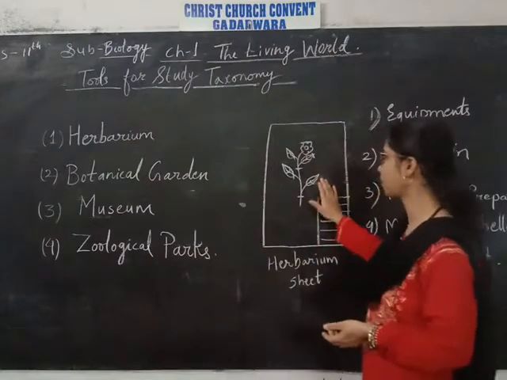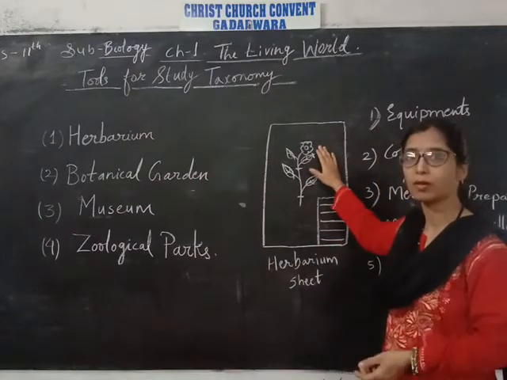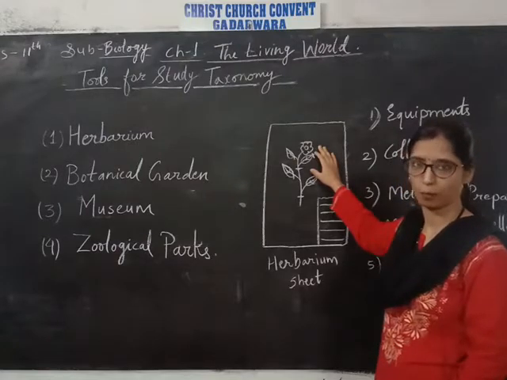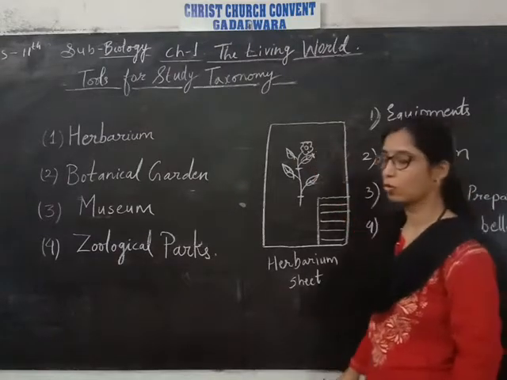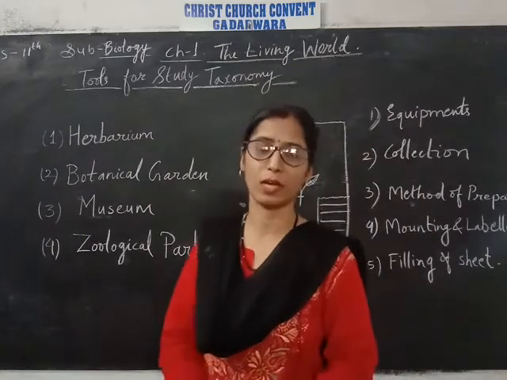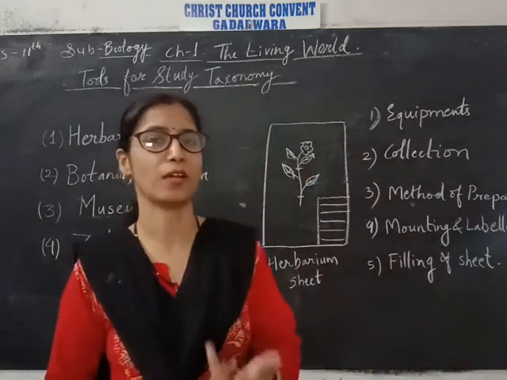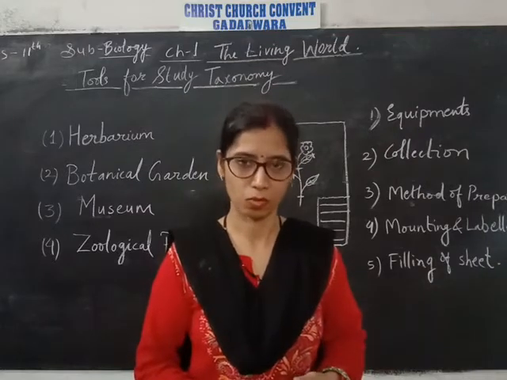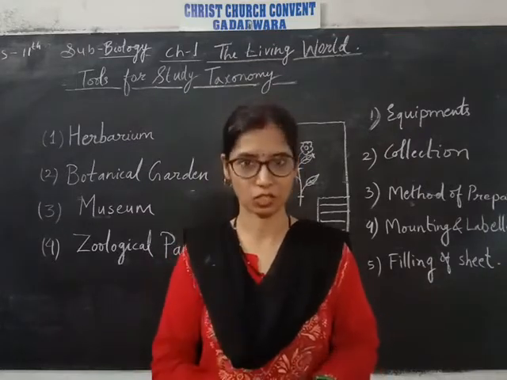All the vegetative parts and the floral parts of the plant should be in a twig. You have to take a twig of this type, and not just one, you have to take 2 or more. So this is the collection.